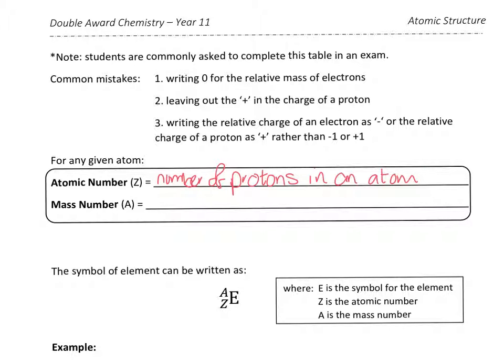The atomic number for any atom, whether it's beryllium, sodium, lithium, carbon, oxygen, is the number of protons in an atom. And then the mass number is the total number of protons and neutrons in an atom.